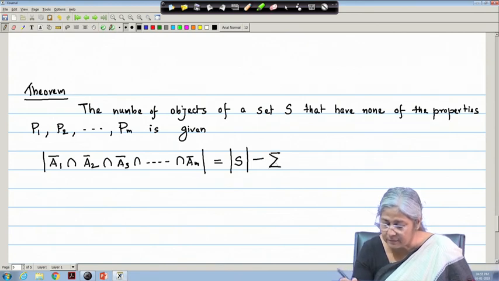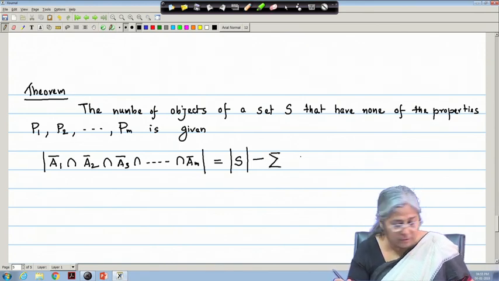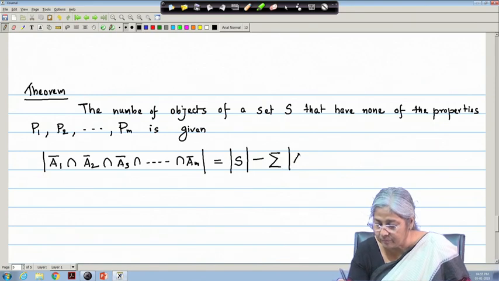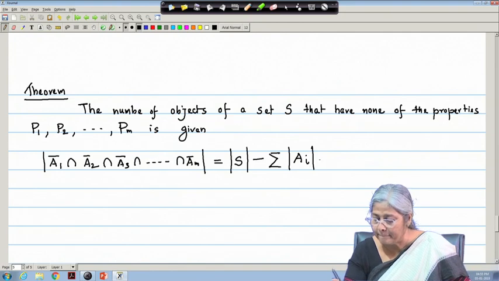So, I can write the sum of that, i from 1 to m.